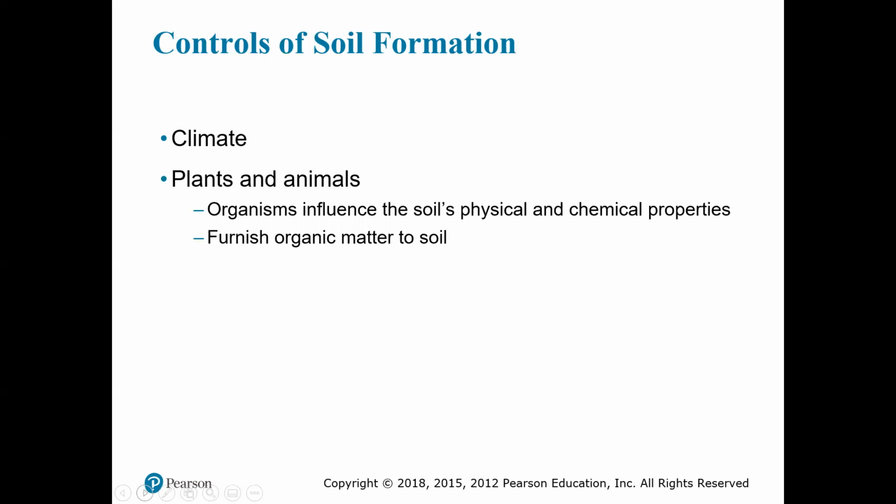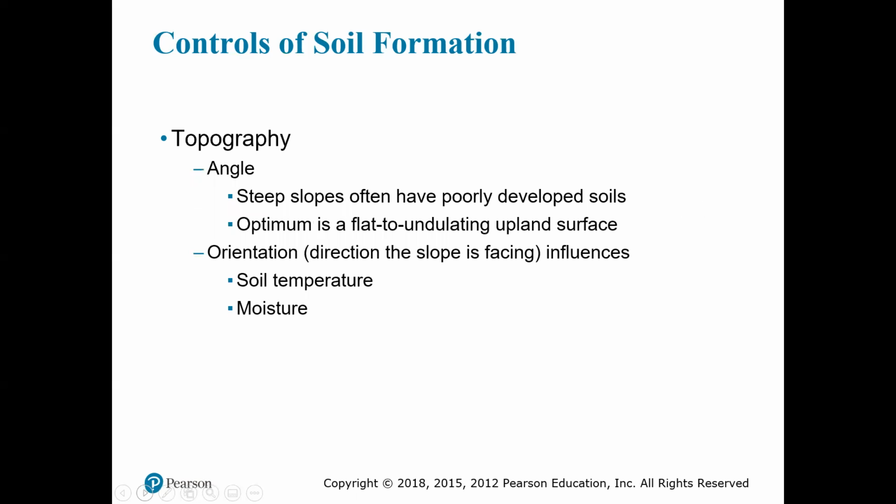We also have microorganisms like bacteria and fungi that play a role in plant and animal decay, and this contributes to that humus that I referenced a while ago, that deep, rich organic matter that's so important for soils. And then we have burrowing animals and earthworms, and as they burrow through the soil, they're mixing the minerals and the organic portions of the soil together.